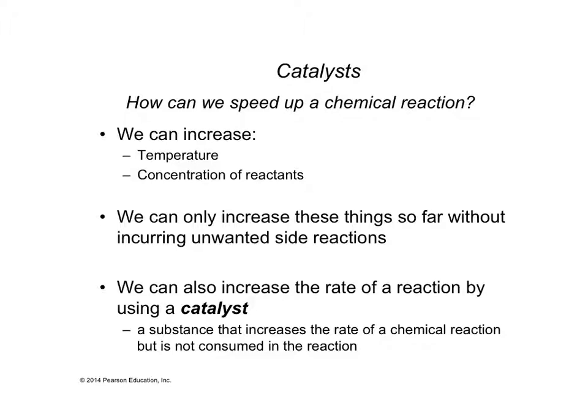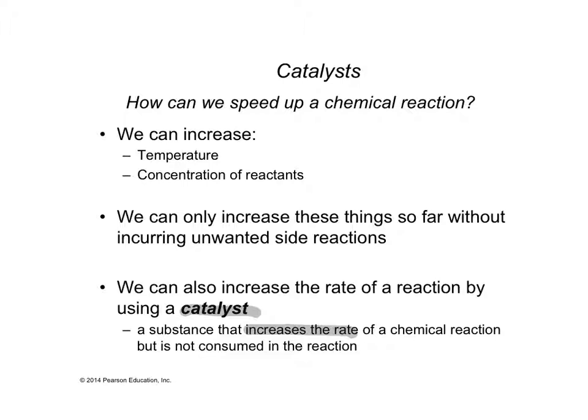There's one other way that we can speed up a reaction, and that is by using something called a catalyst. A catalyst is a thing that increases the rate of a chemical reaction. In doing so, it is not actually consumed in the overall reaction. So catalysts are never consumed, but they do increase the rate of a chemical reaction.